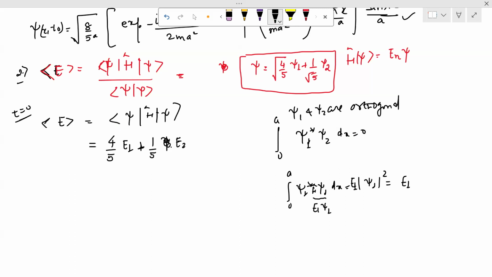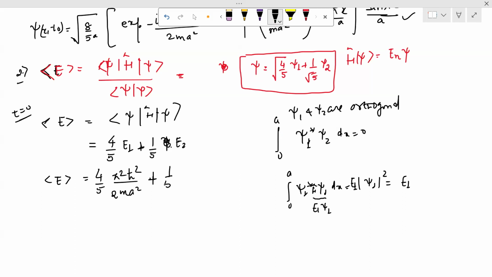But the point is this, with psi 1, you are having root over 4 upon 5. This will also accompany root over 4 upon 5. So overall, it will become 4 upon 5 E1 plus 1 upon 5 E2. So the average value of the energy would be equal to 4 upon 5 times E1, and what is E1? E1 is pi square h ket square upon twice ma square. And what is E2?